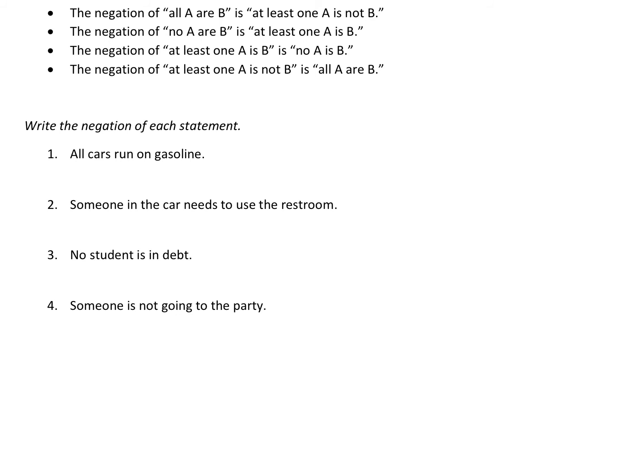So we can say at least one car does not run on gasoline. So if you say all are, I say at least one is not. If you say none are, I say at least one is.